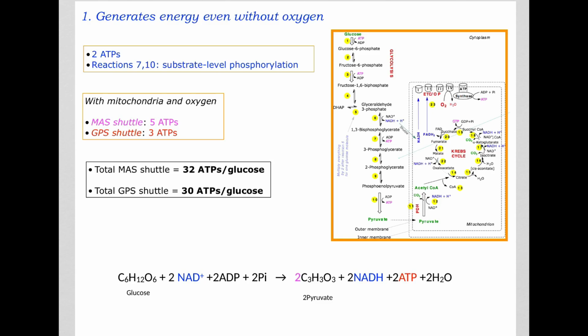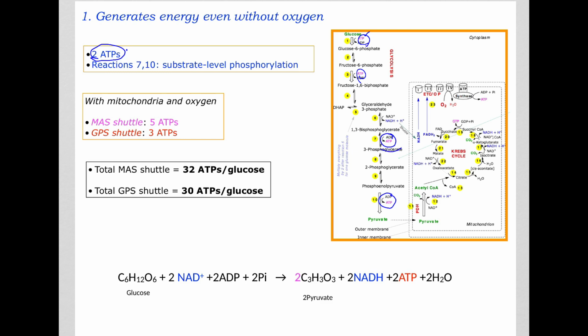glycolysis provides, from one glucose you get 2 ATPs here and 2 ATPs here, so that's 4 ATPs, but you use up 1 here and 1 here, so use up 2, so 4 minus 2 will give you 2 ATPs per glucose.